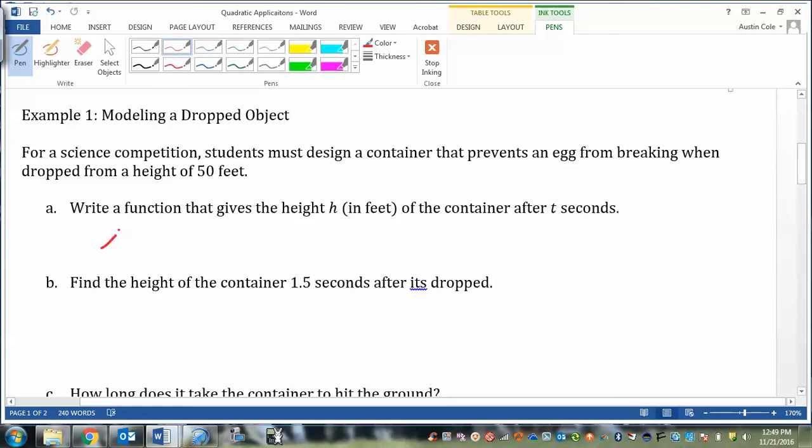So it's going to be h of t. The height after a certain time is going to be negative 16t squared, and our initial height here is 50 feet. That's it. We wrote the equation. We used our information given to write a model of this situation.